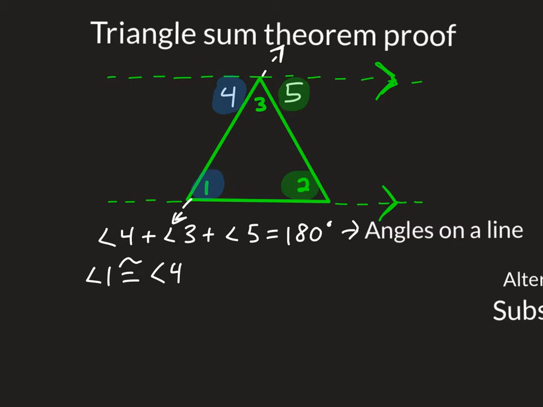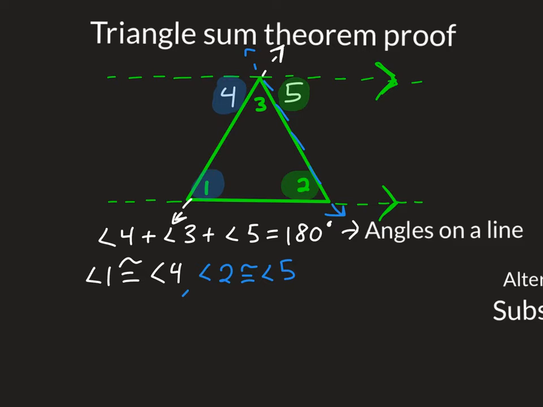And then this time, I'm going to be looking at this line as a transversal right here. So here's my transversal. And then I can see that angle 2 and angle 5 are alternate interior angles. So then I'm going to say, okay, well, I also know that angle 2 is congruent to angle 5.